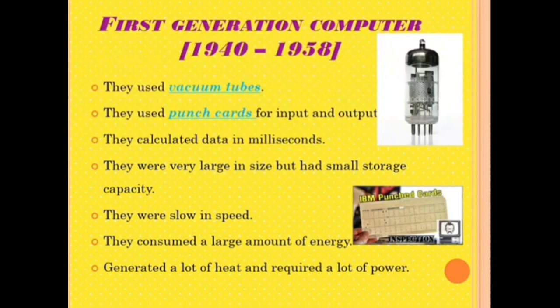They calculated the data in milliseconds. They were very large in size but had smaller storage capacity. The machine is very big, but the storage capacity is very small; we can store very little data.